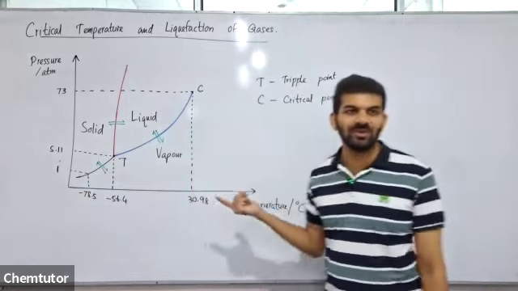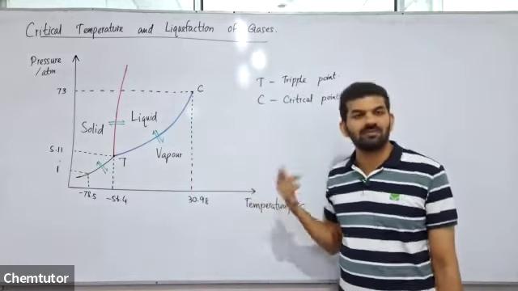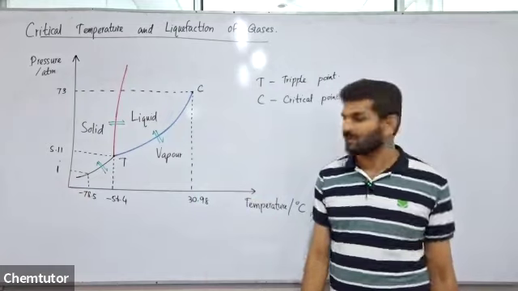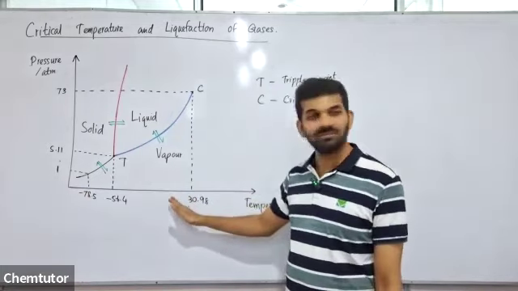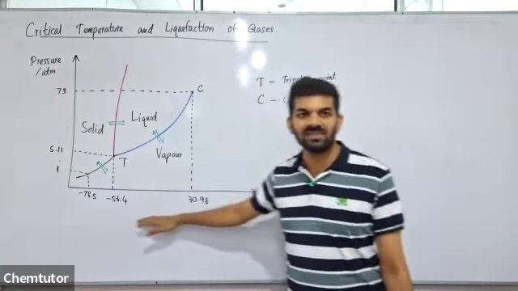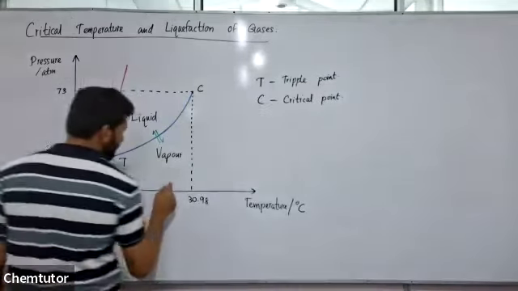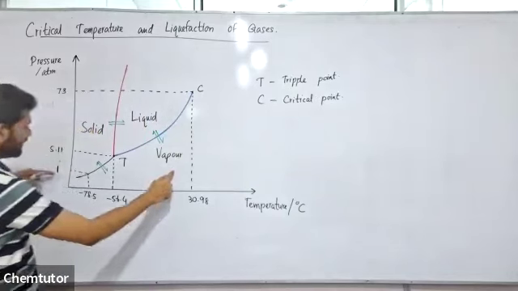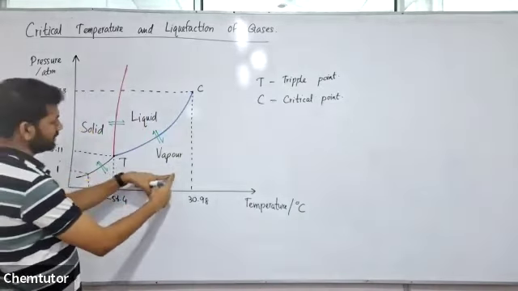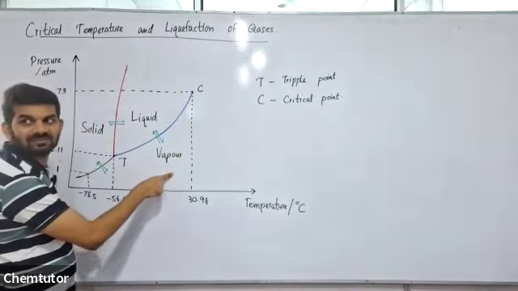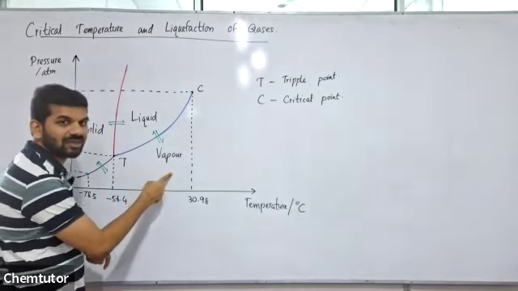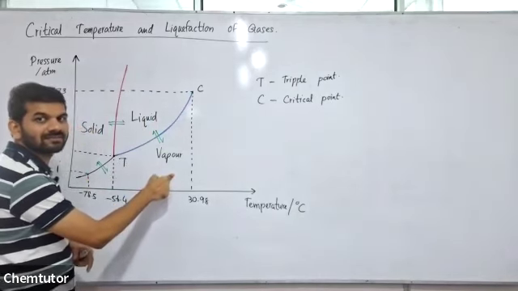So in the normal atmosphere, the temperature is about 25 or more. In the temperature axis, 25 is over here. At that temperature, if we consider 180 atm pressure, what will be the phase? Vapor, that means gas. So carbon dioxide exists naturally as a gas.